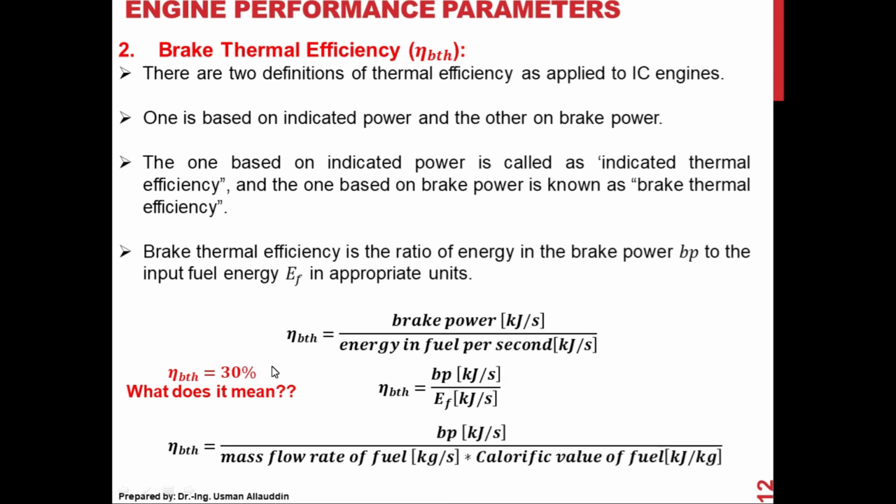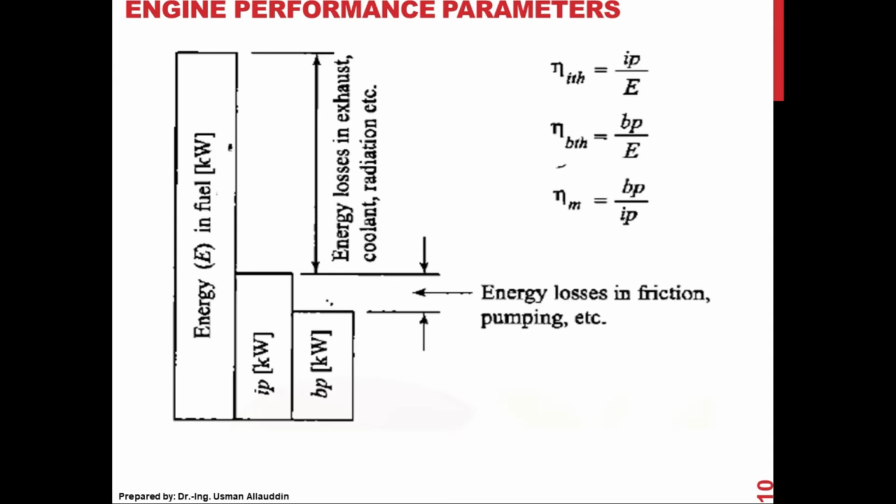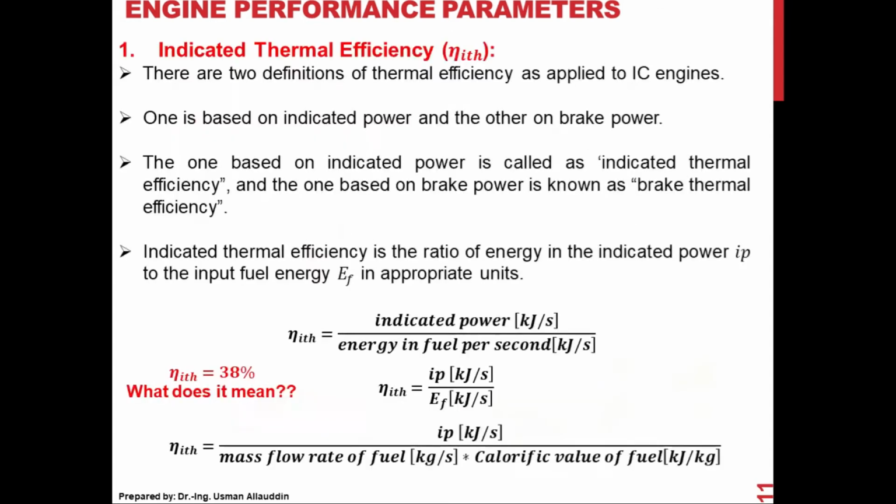Let's suppose you are buying petrol worth 100 rupees, then only 30 rupees of petrol will be converted into useful work output, and 70 rupees of fuel will be lost. So actually you are dumping your 70 rupees either in the frictional losses or exhaust losses, coolant losses, and radiation losses. So this is the fact.